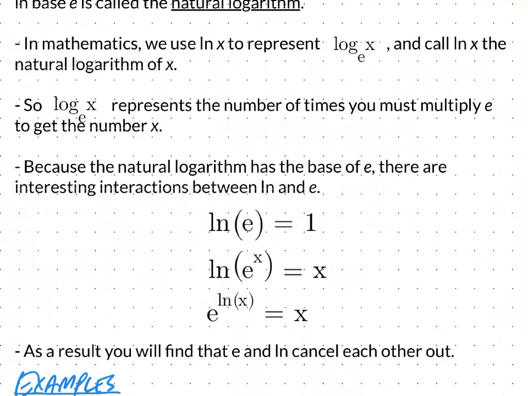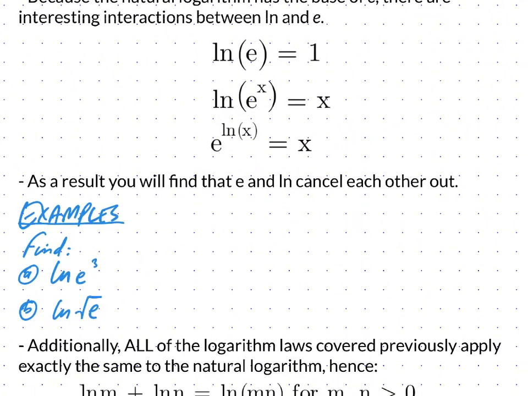So ln of e is going to be equal to 1. ln of e to any power is going to be just that power, and then e to the power of ln of x is also x. So as a result, basically what you see in these three situations is that e and ln cancel each other out.